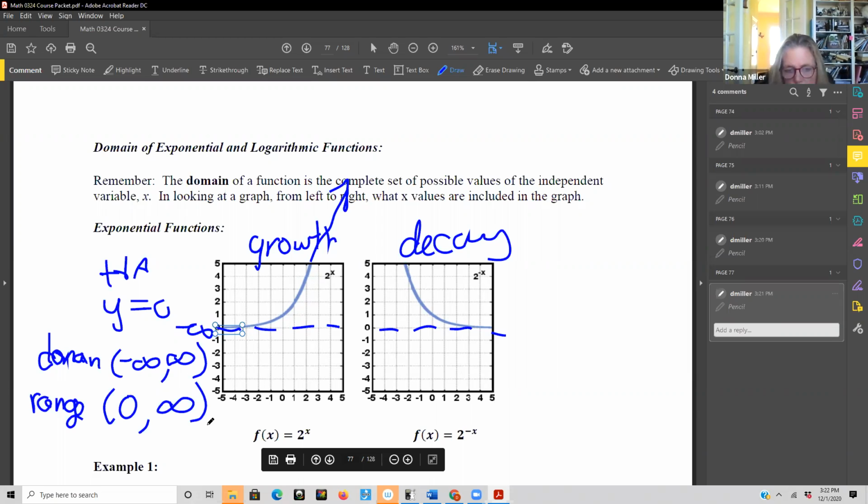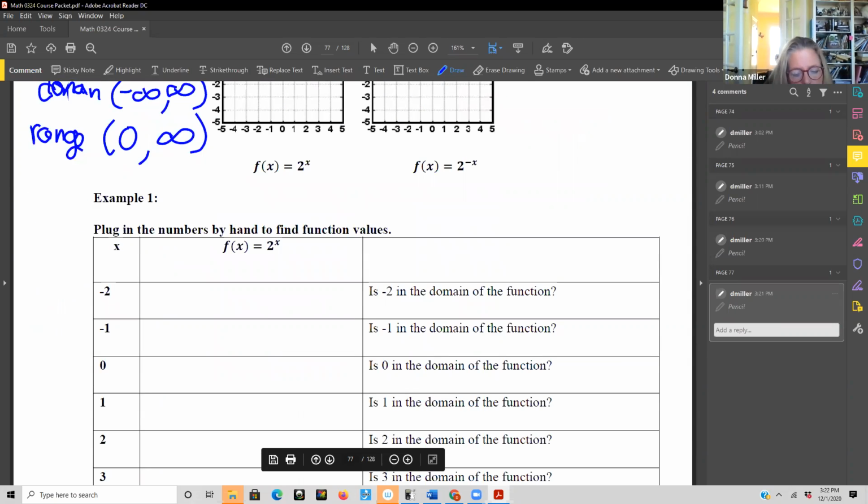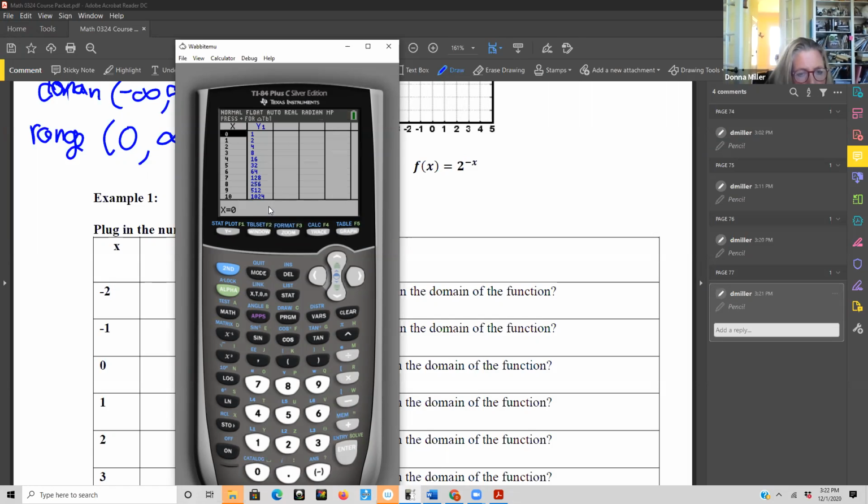Just looking at those graphs. So just to convince you, we have 2 to the x. If we type that into the calculator and go to the table, if I have an answer there, it's in the domain.